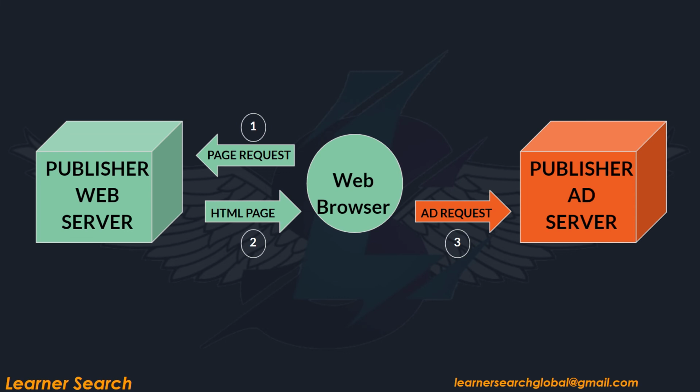Instead, the ad request is routed to another server known as the publisher ad server. The ad server receives the request, selects an ad matching various parameters, and sends it to the browser to fulfill the ad slot. This is a very simple view to understand how an ad is served on a website.